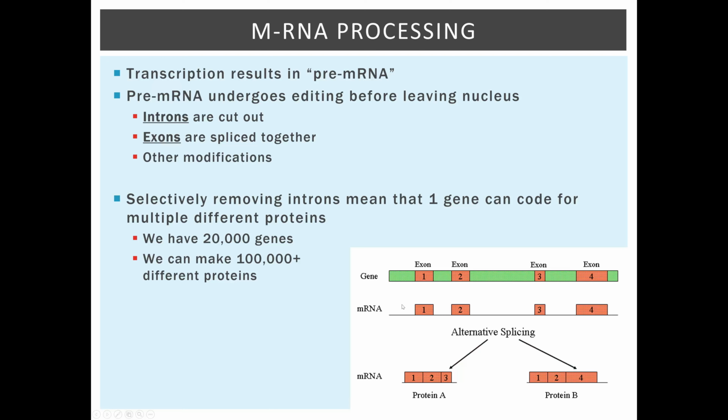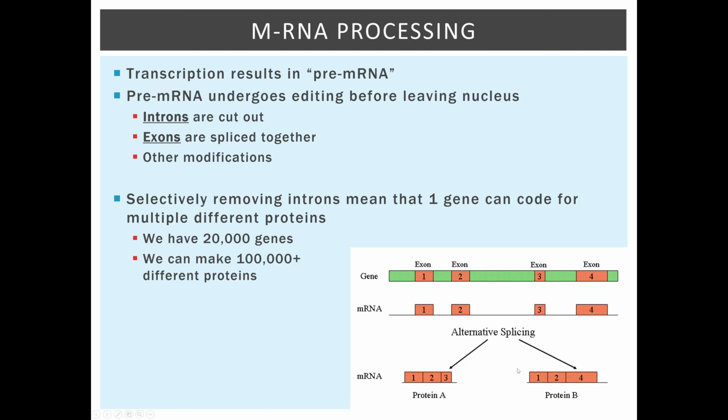So another thing that can happen, in addition to just cutting out those introns and putting together the exons, is that you can also have what's called alternative splicing, which means that in some cases, even different exons might get cut out. So in this example on protein A on the left, we have exons 1, 2, and 3, but we actually cut and got rid of 4.